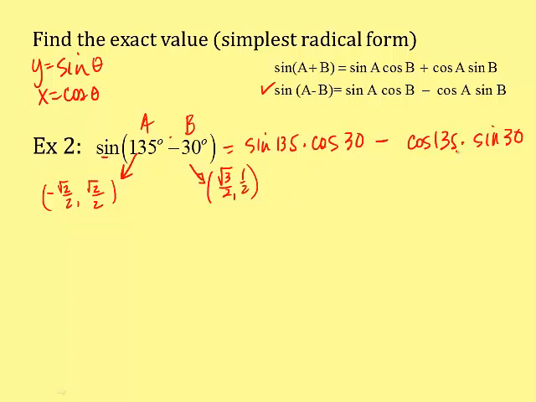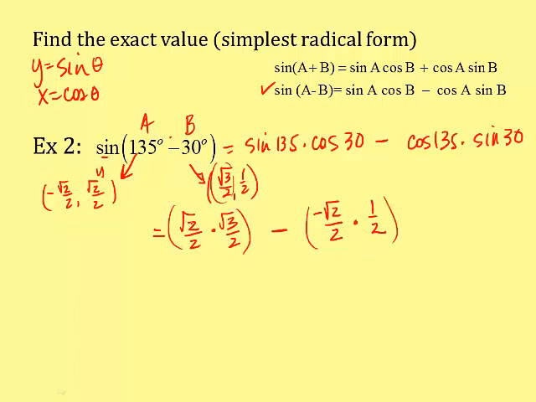All right, so now I'm going to plug in values. The sine of 135 is the y coordinate, so I'm going to do square root of 2 over 2 times the cosine over here, square root of 3 over 2, minus the cosine of this, which was negative square root of 2 over 2, times the sine of 30, which is 1/2. All right, do these parts first.